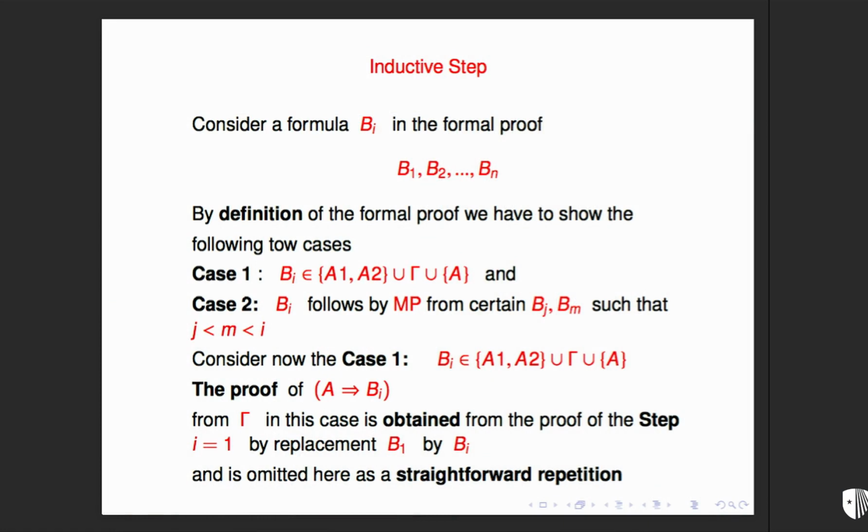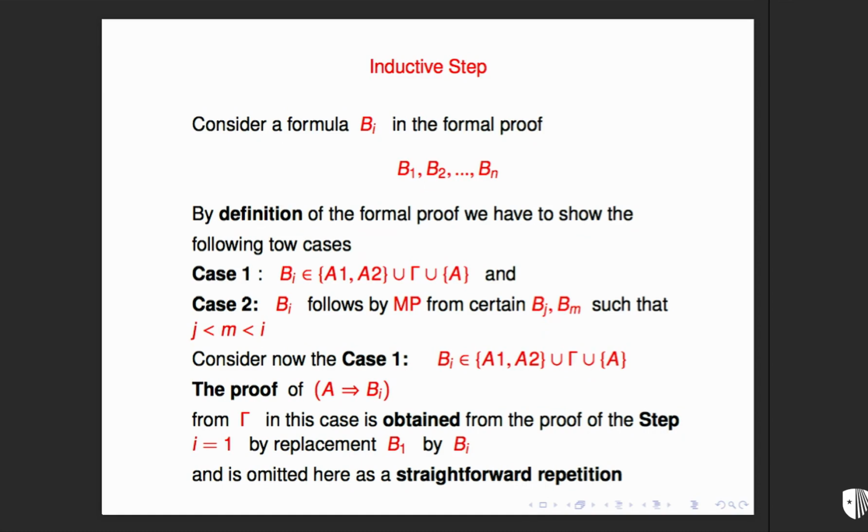Again, you have two cases. Bi is, like before, an axiom, or in gamma, or A, or case 2, Bi follows by modus ponens. Case 1 is identical.